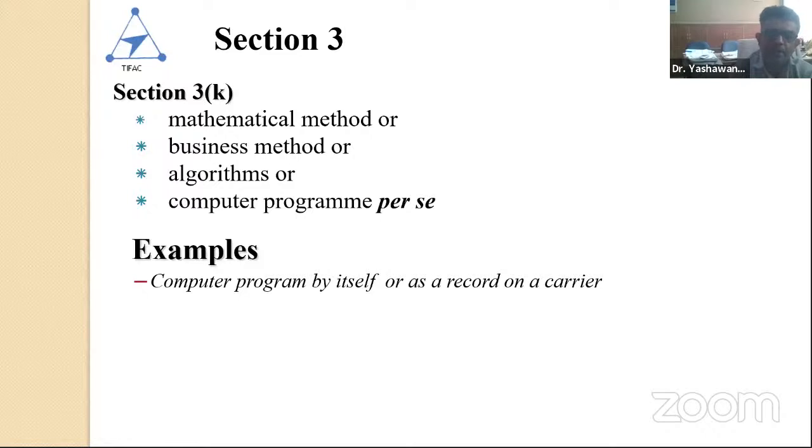Like you have developed an app for IoT, where you are controlling all the devices of your house through the app. The computer program interacts with different sensors and different devices. That's a subject matter of patent, though it's a computer program, because this enhances the technical function of devices.